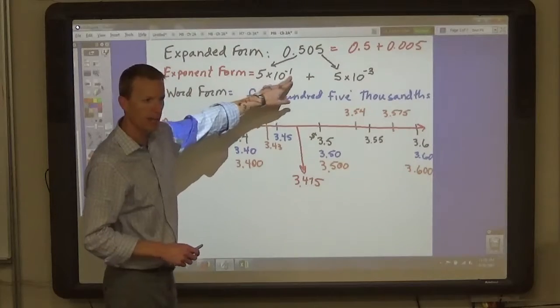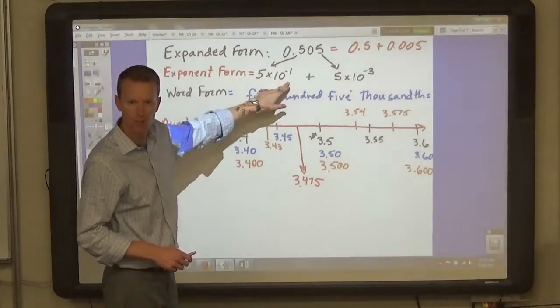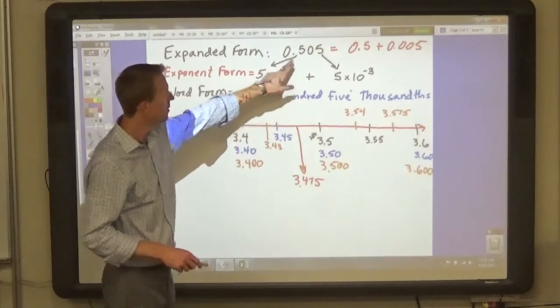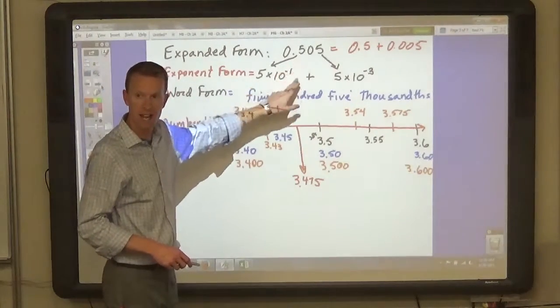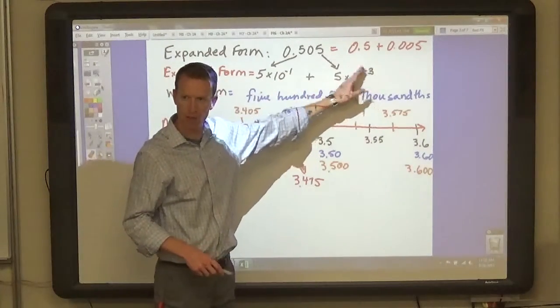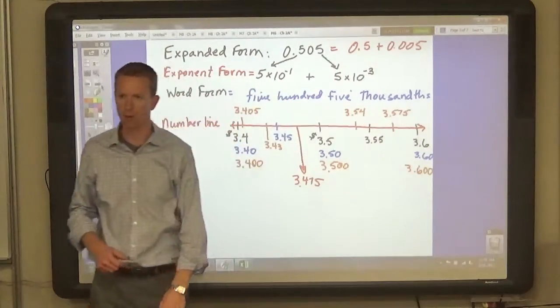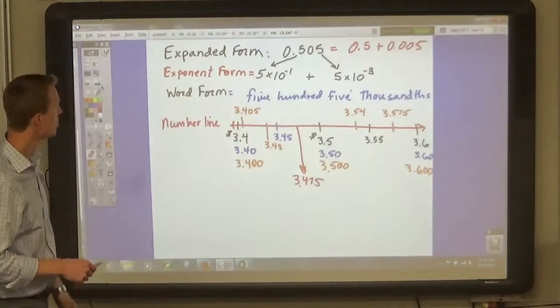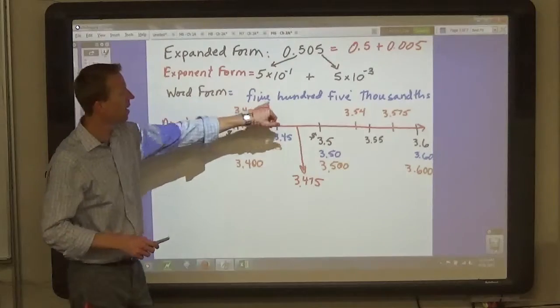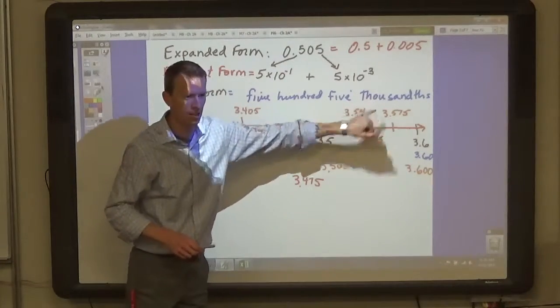But this is what the exponent form would be for those of you that are curious. The tenths is 10 to the negative 1, and thousandths is 10 to the negative 3 because it's 3 places behind the decimal point. But in word form, this is 505 thousandths, right?